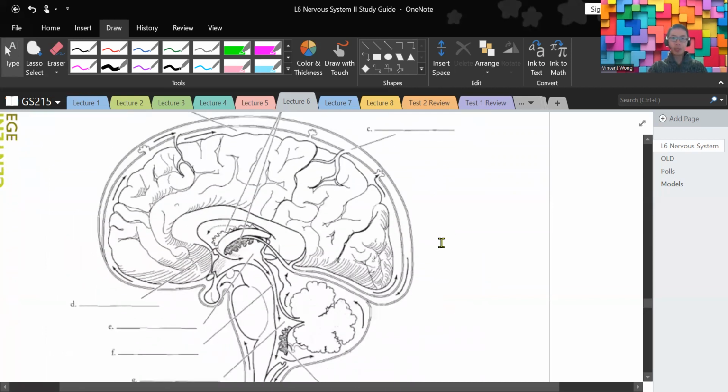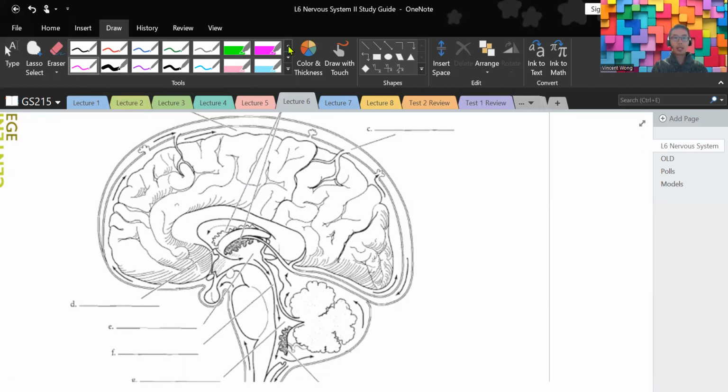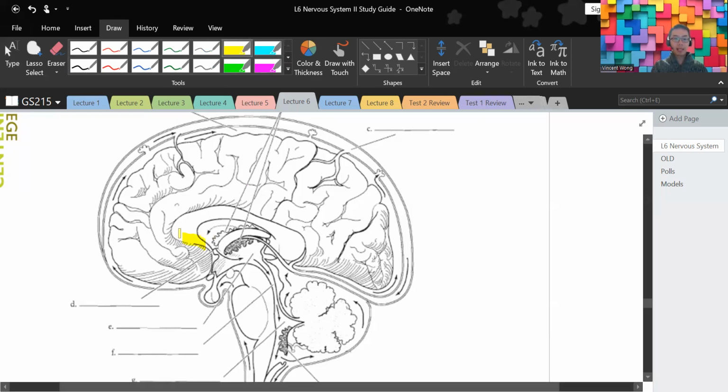Lots of brain parts, by the way. You definitely have to label the brain a couple times yourself to fully understand it. Now, if you look at any mid-sagittal brain, any brain diagram that's the brain cut in half, you will always notice a band like this in the center.